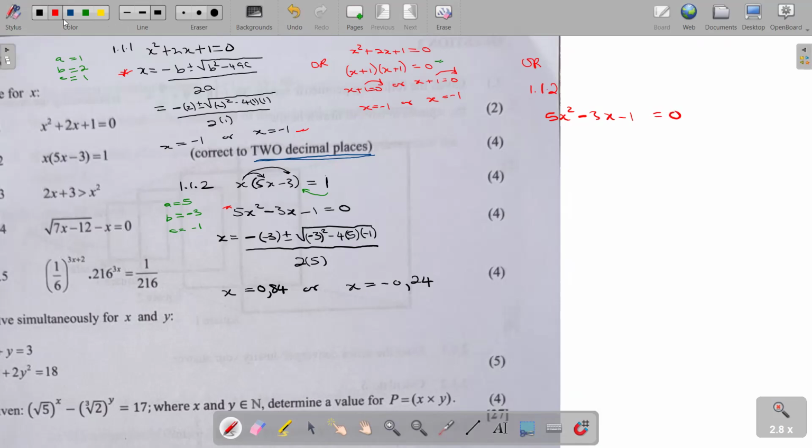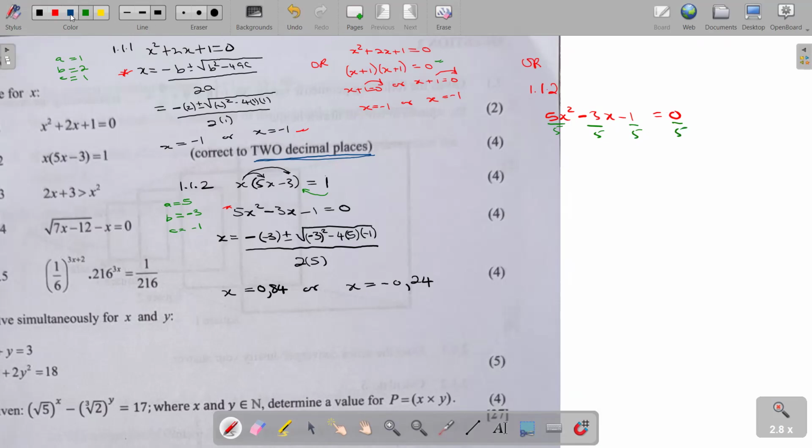So we are going to divide throughout by 5, because we always have to make sure that the coefficient of x squared is unit. So in other words, we divide here by 5, divide by 5, divide by 5, divide by 5.